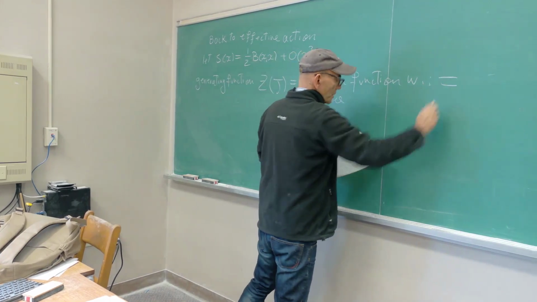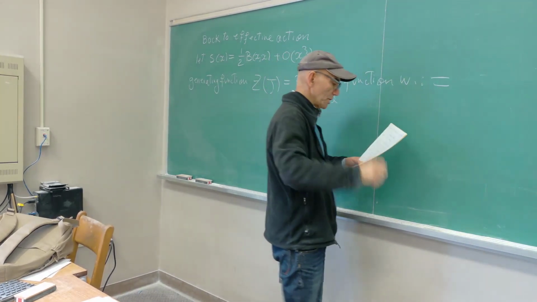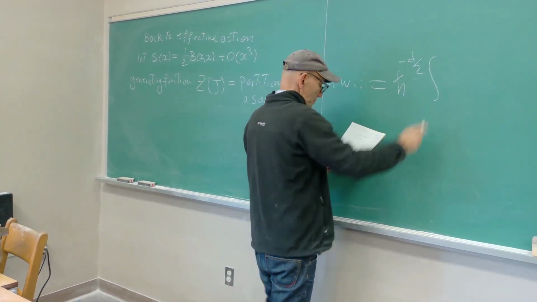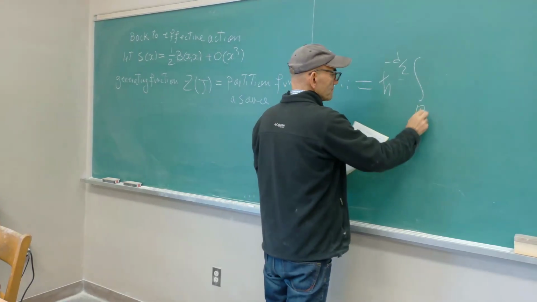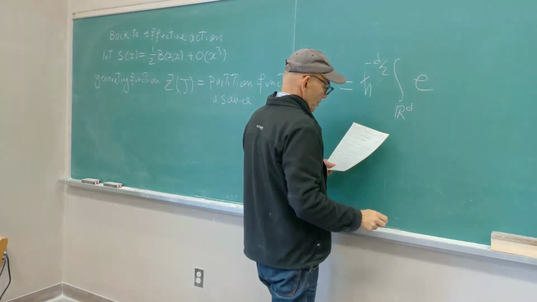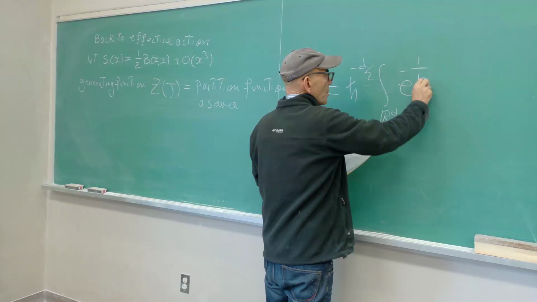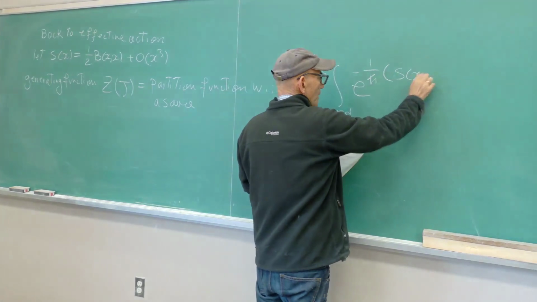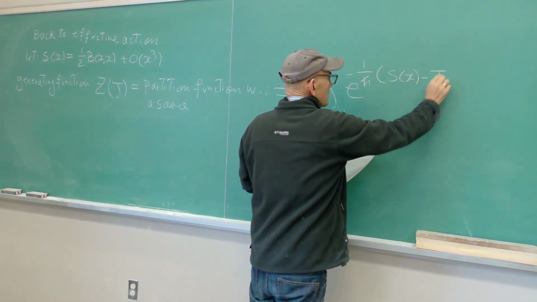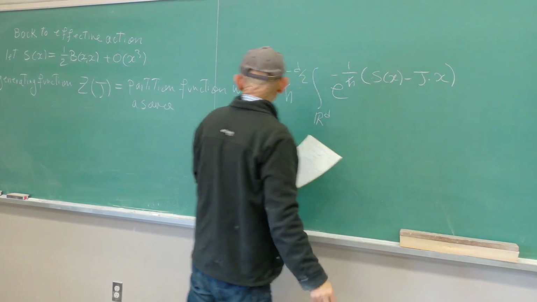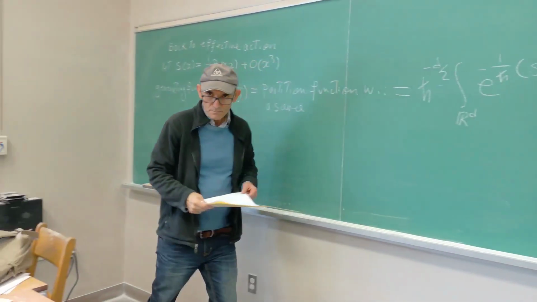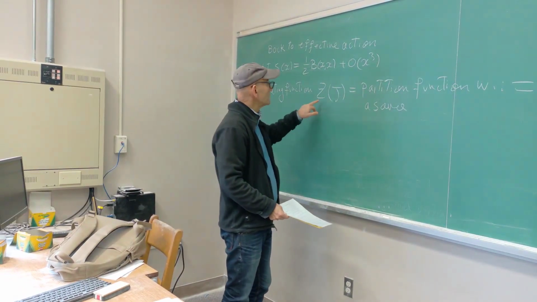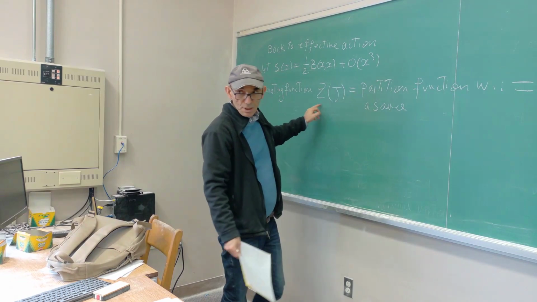So this, by definition, is defined as h bar to the power of negative n over 2, integral over R^n, of exponential of minus 1 over h bar, S of x minus J of x. Why is it called a generating function?